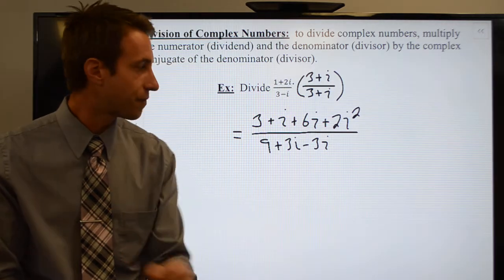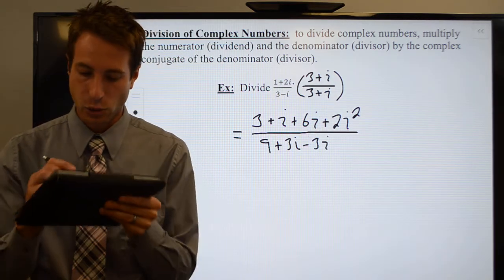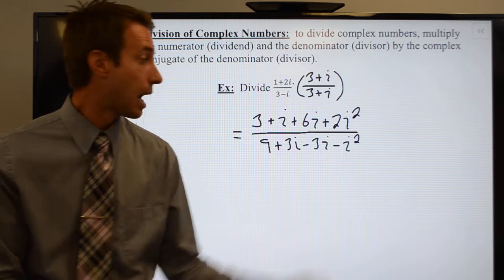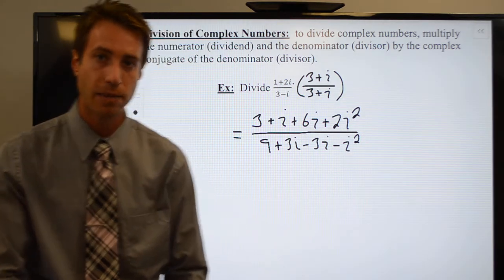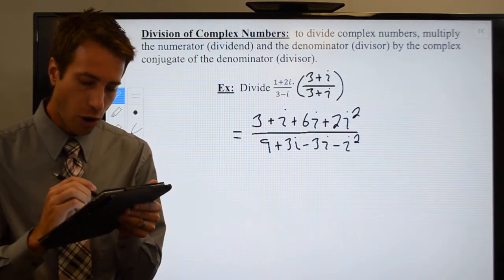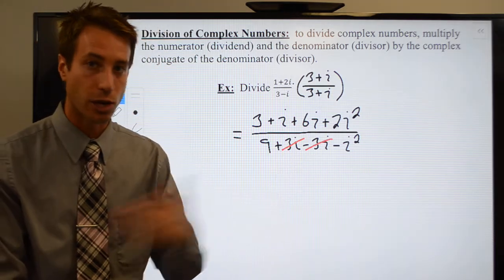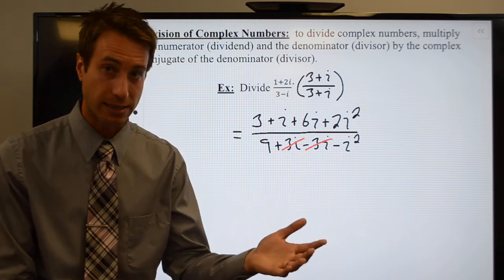But I'm not done yet. Negative i times i is minus i squared, which makes perfect sense. I'm FOILing, so I better wind up with an i squared. You should always wind up in the denominator with middle terms that drop out. If those middle terms don't go away, you messed up somewhere.